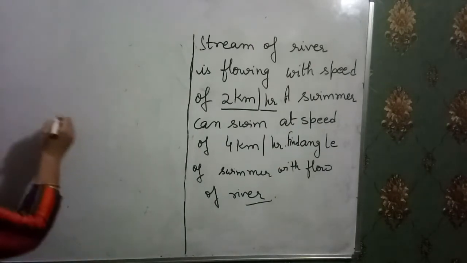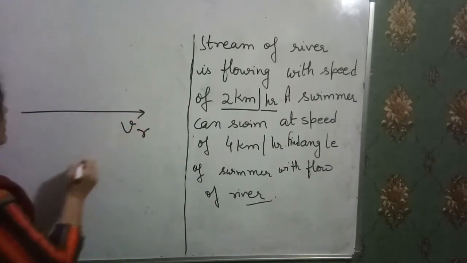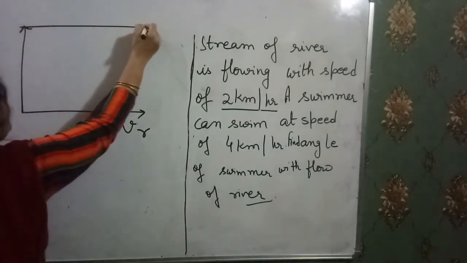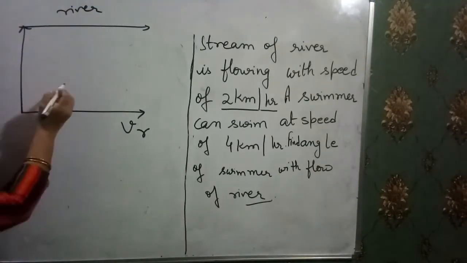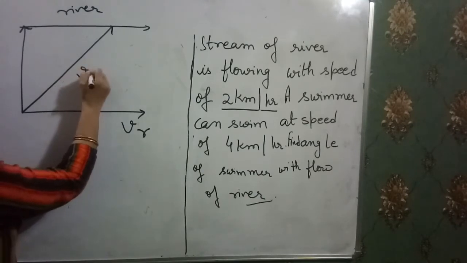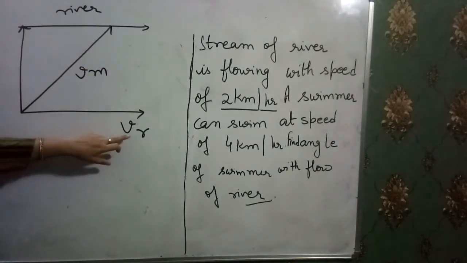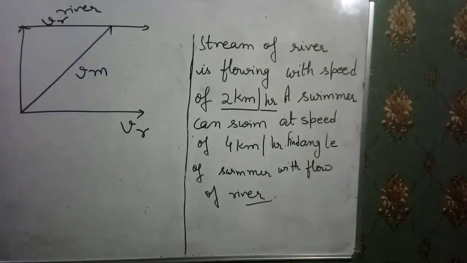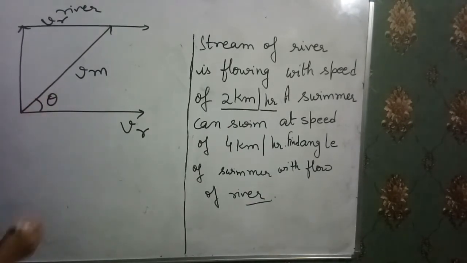So as we know, the river is flowing in this way. That means this is the velocity of the river and a man wants to go to the other side of the river. So when he started swimming, he flows like this. So this is the velocity of the man. Clear? Now this is equal to VR, velocity of river. So we have to find the angle, this one.